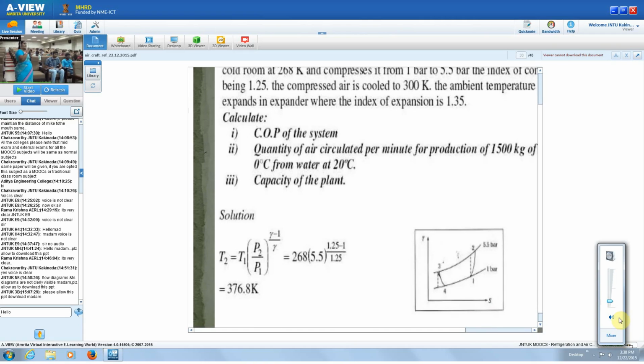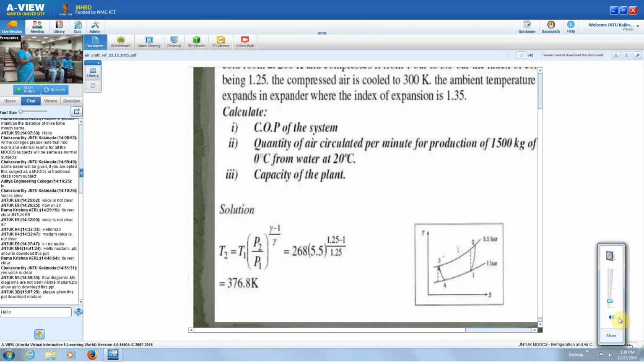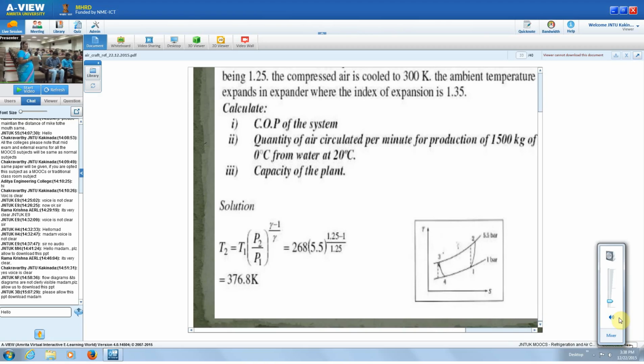So that is the polytropic process. With the isentropic efficiency given, or otherwise with the index itself, we can find that. Because the polytropic index is given, directly you can find out T2, the actual exit from the compressor: T2 by T1 is equal to P2 by P1 to the power of n minus 1 by n.